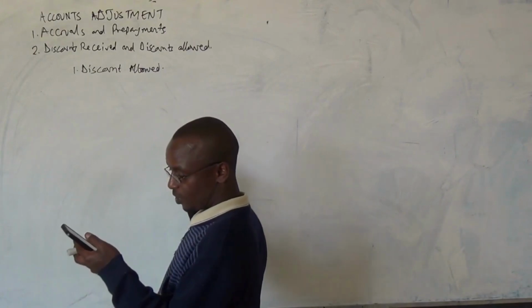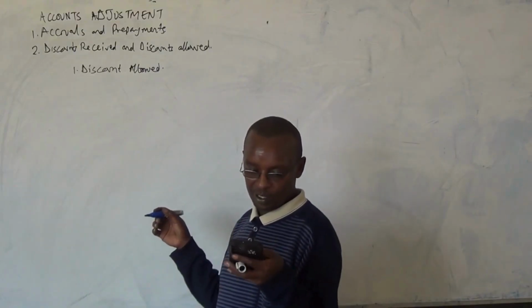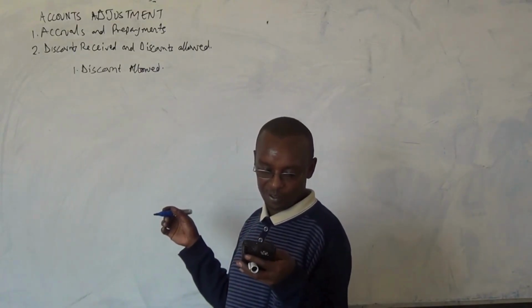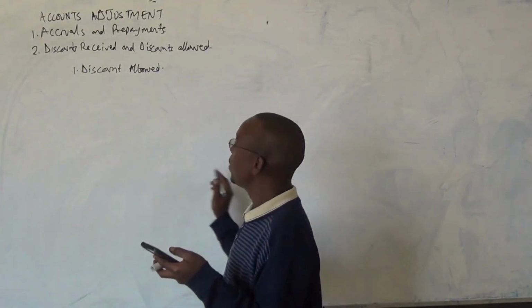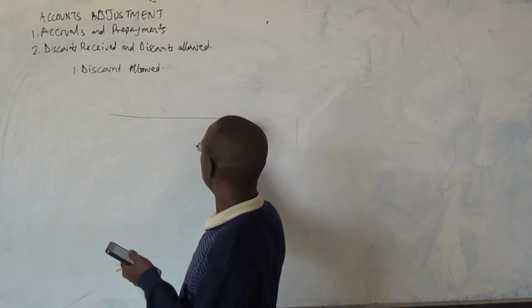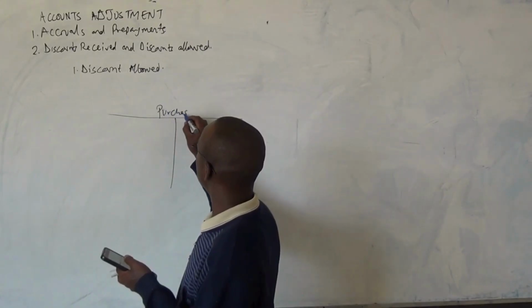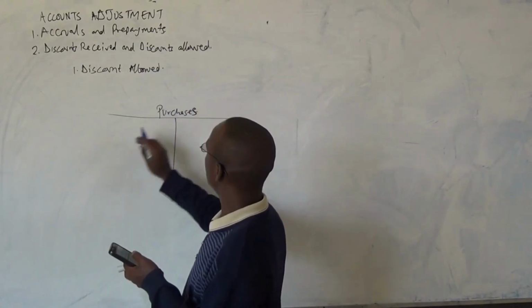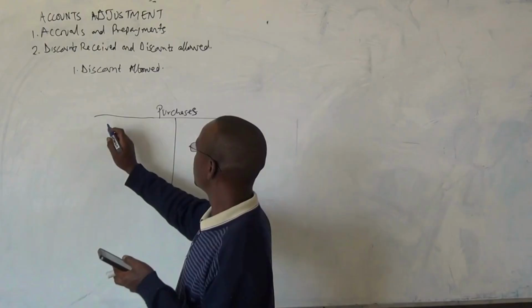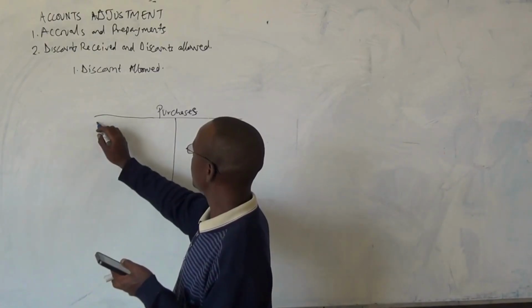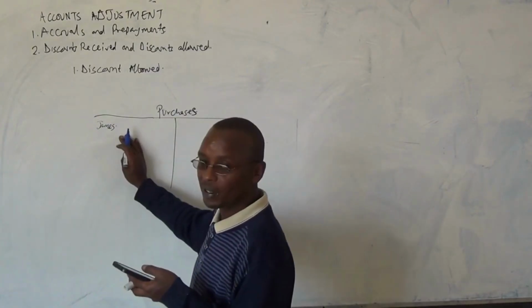There is an illustration here. Ole Mabati supplied 20,000 and pays in time to qualify for 10% cash discount. Show the entries. So the entry, when a person has purchased goods, this is the purchases account. Let's work with the simple figure of 10,000. So this person is James. He's our supplier.